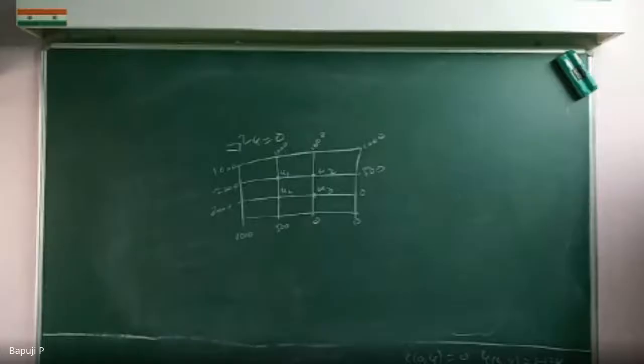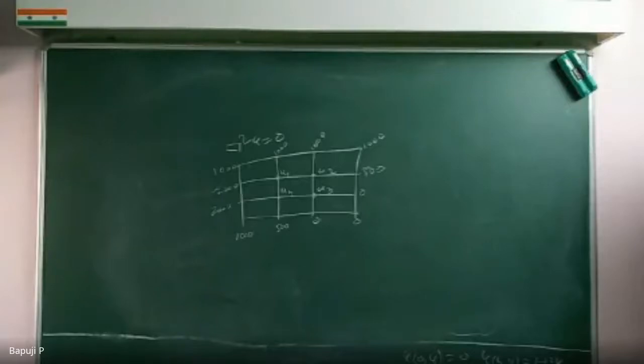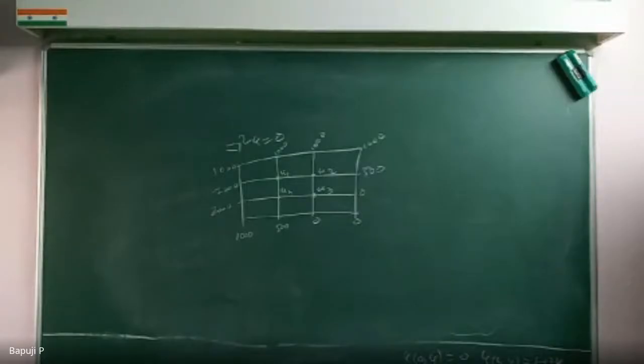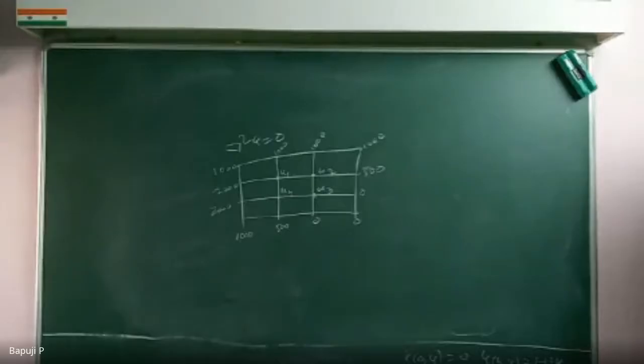If you take the diagonal 5-point formula, tell me any one value. Taking only U1: 1000 plus U3, which is unknown, plus 2000. Headache. If you take the standard 5-point formula, U1 is equal to 1000 plus U4 plus 2000 plus U2. Two unknowns. Again, headache.